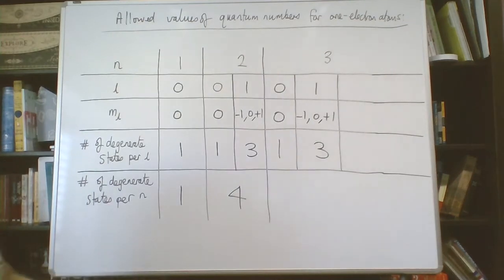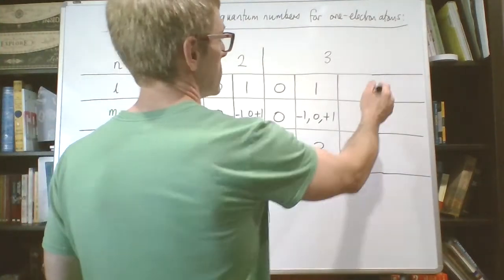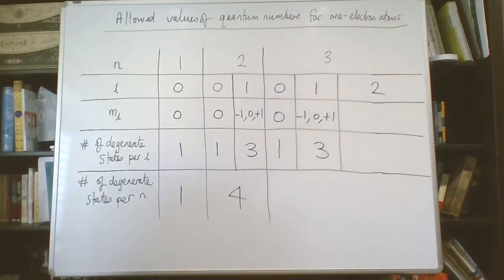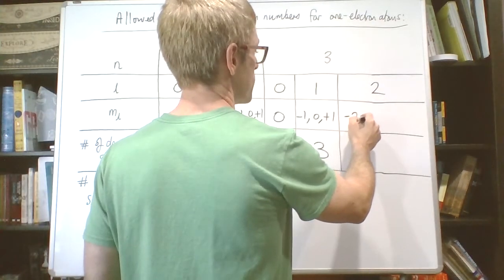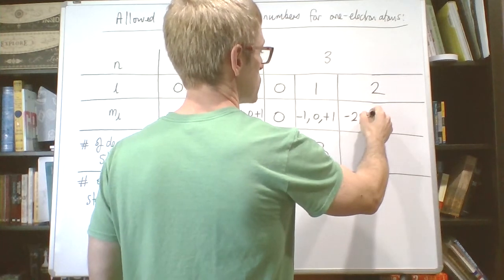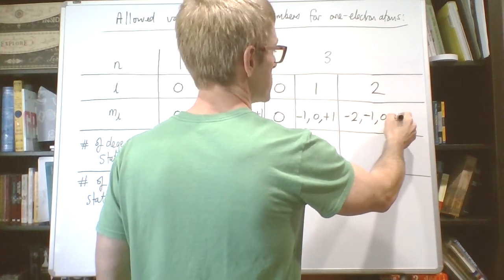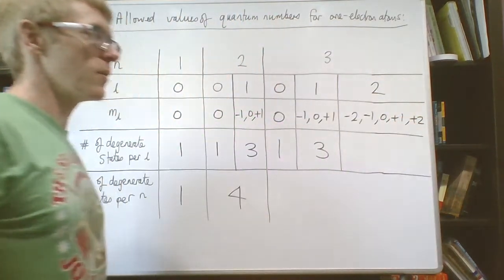But now we can also have d orbitals. We know that d orbitals have the designation n equals 3, and for a d orbital, L equals 2. There are 2L plus 1 values, so there are 5 of them, ranging from -2, -1, 0, etc., up to positive 2.